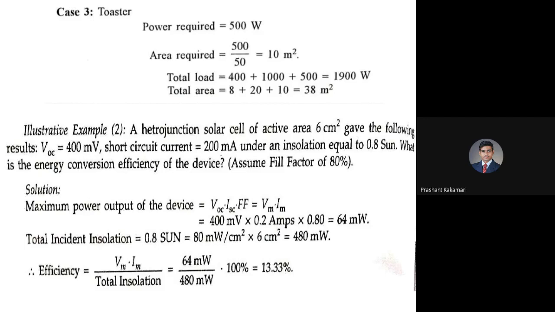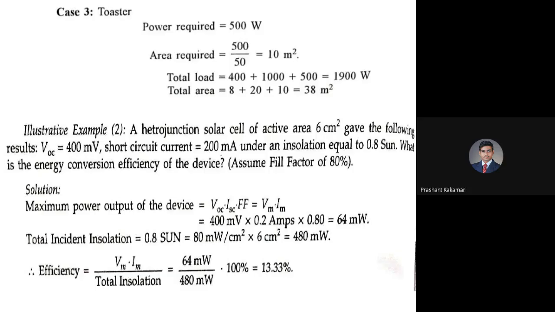Under an insolation equal to 0.8 sun. Insolation, as I told, is the solar radiation falling on a given area. So insolation equal to 0.8 sun means it is not a complete one sun, maybe due to more diffuse radiation, and the radiation can take 1000 watt per meter square.